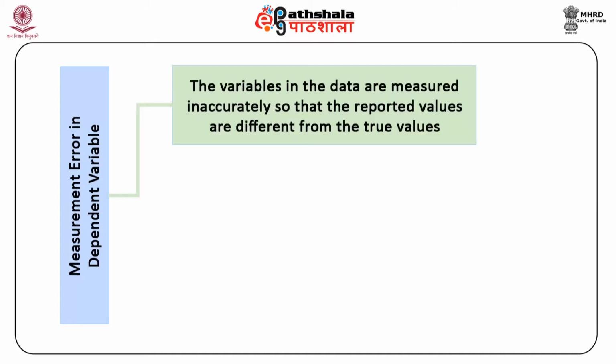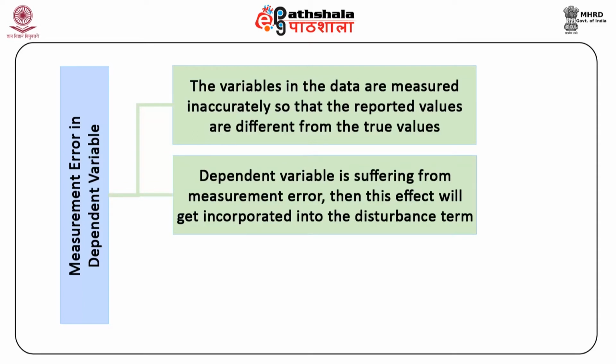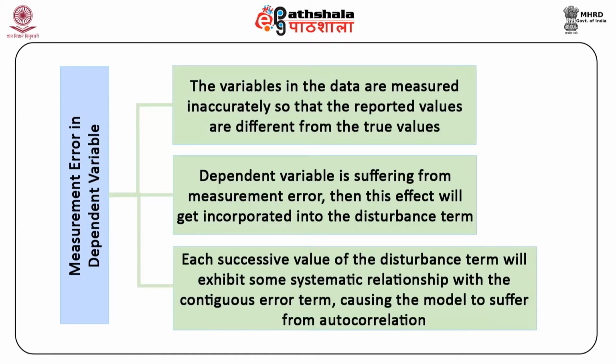Sometimes the variables in the data are measured inaccurately so that the reported values are different from the true values. If the dependent variable is suffering from measurement error, then this effect will get incorporated into the disturbance term. So each successive value of the disturbance term will exhibit some systematic relationship with the contiguous error term, causing the model to suffer from autocorrelation.